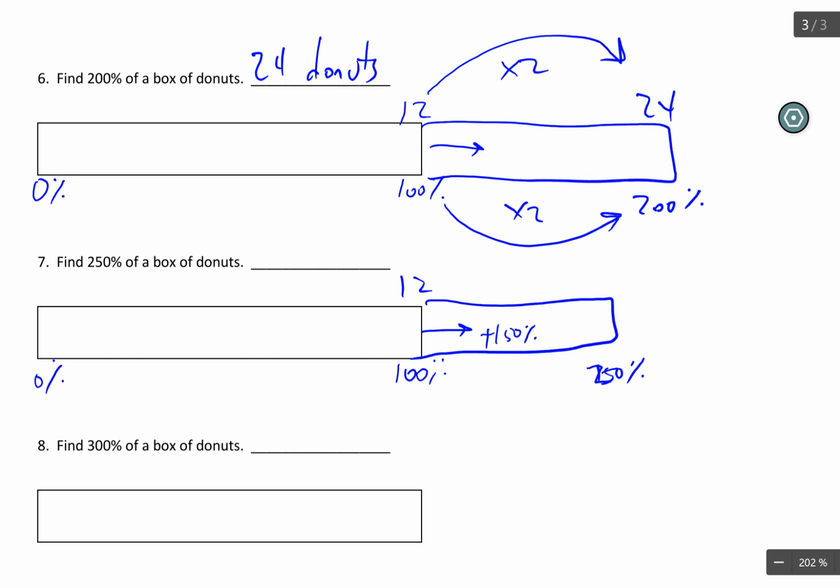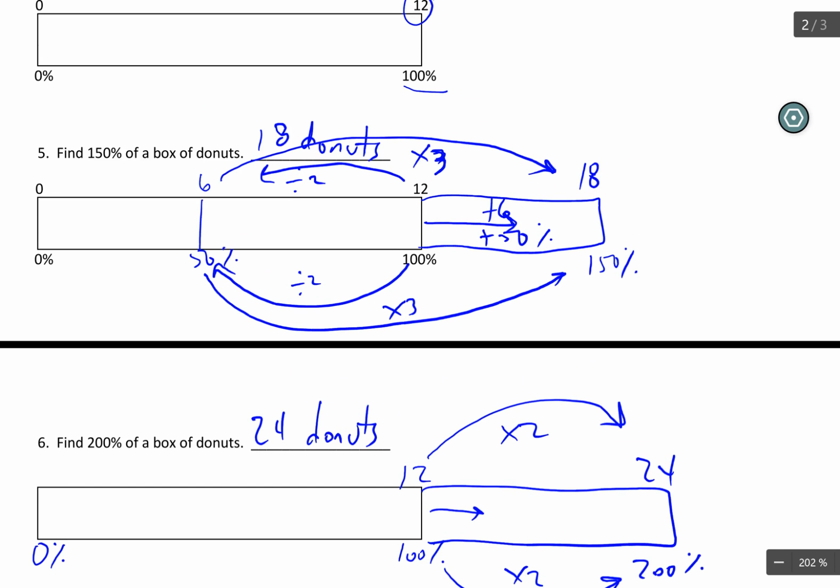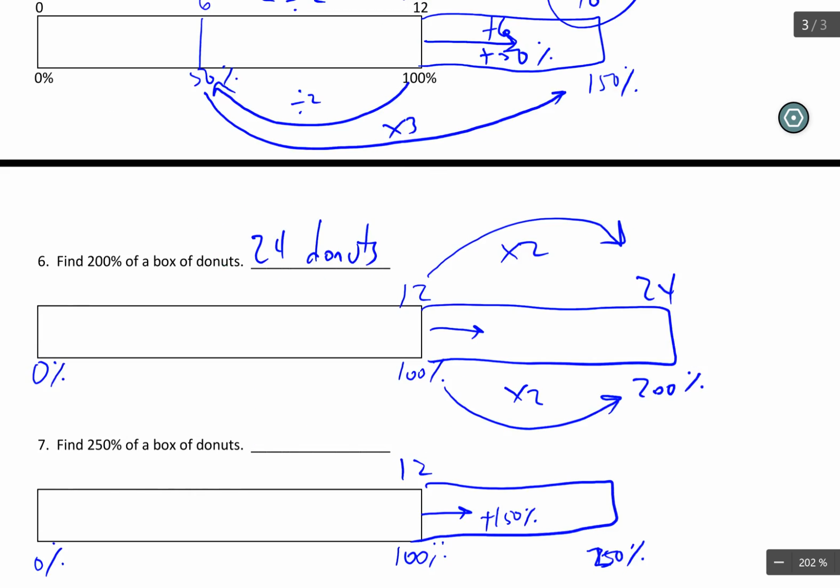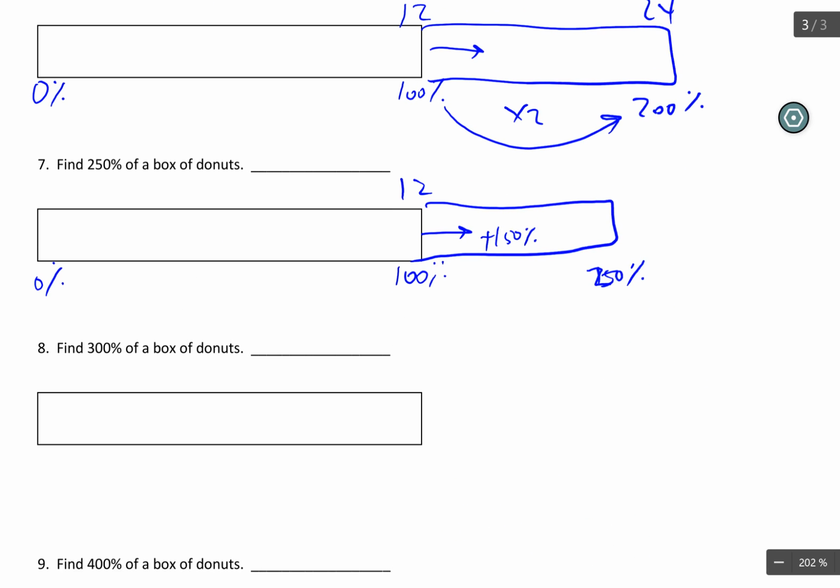All right, 150%, well, I already know what that was. I found it before. 150% was 18. So I know I'm going to add 18 donuts. 12 plus 18 is going to give me 30 donuts. So that's one way of doing this.